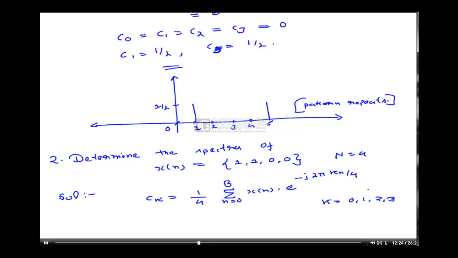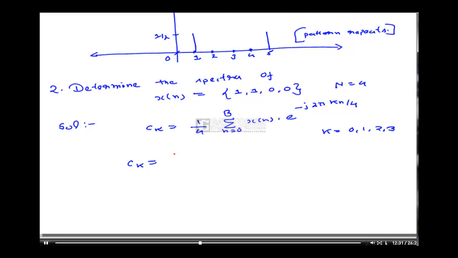Substituting the value of k and solving this, I will get Ck equal to 1 by 4 (1 plus e to the power minus j pi k by 2).